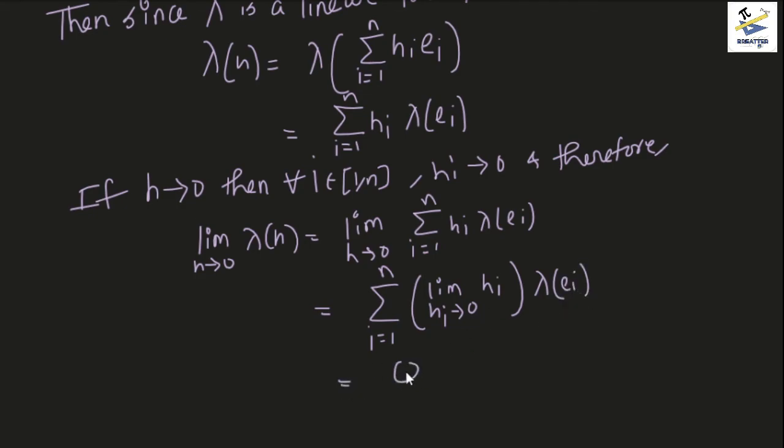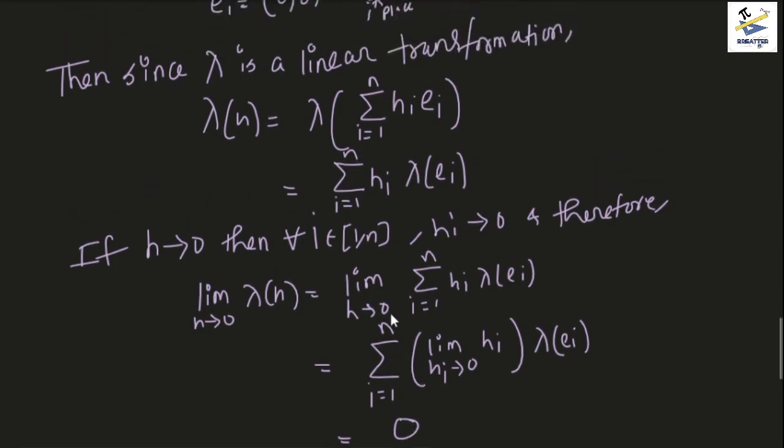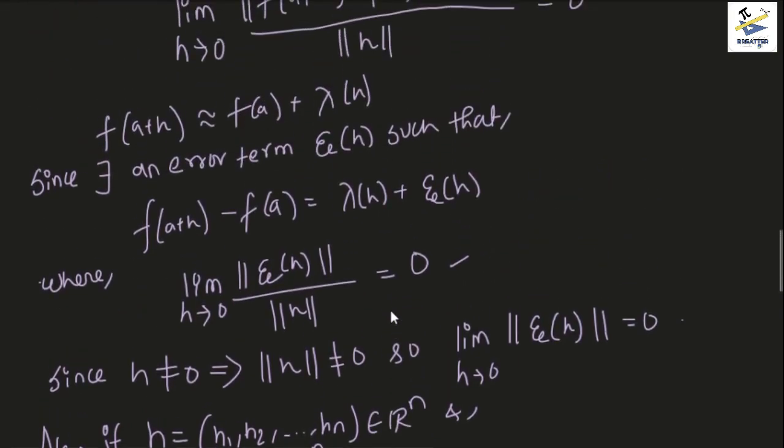So we have a 0 in total. So this proves that limit h tends to 0 of lambda of h is also 0. And together we have proved something very important.